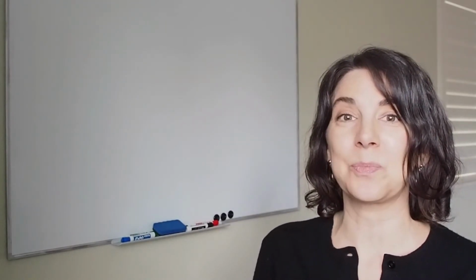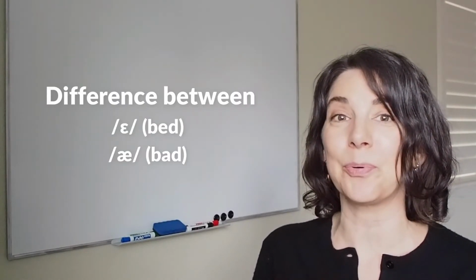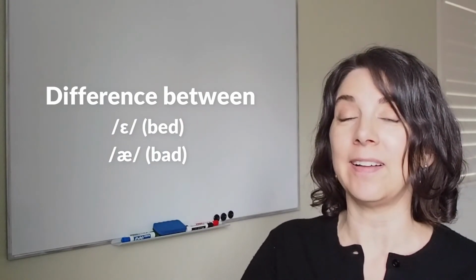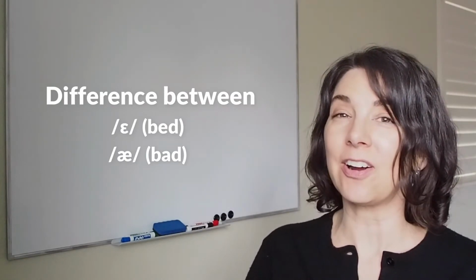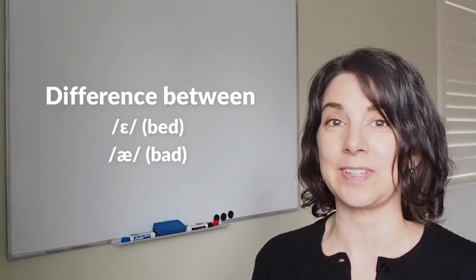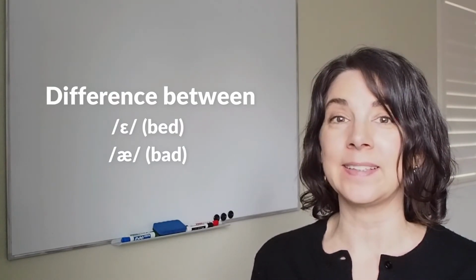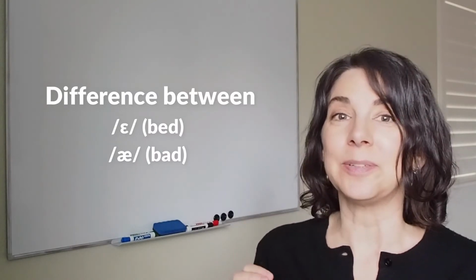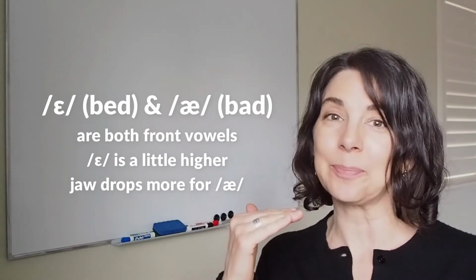Finally, let's practice with another vowel that's similar to this vowel, but it's an important one because we need to know the difference between the vowel in bed and the vowel in bad because they are similar, but they are completely different for native speakers of English. So the vowel in bed is similar because it's also a front vowel and it's like one step higher.